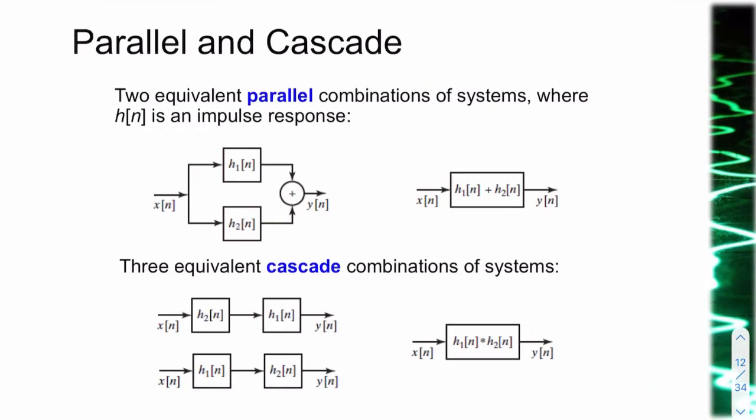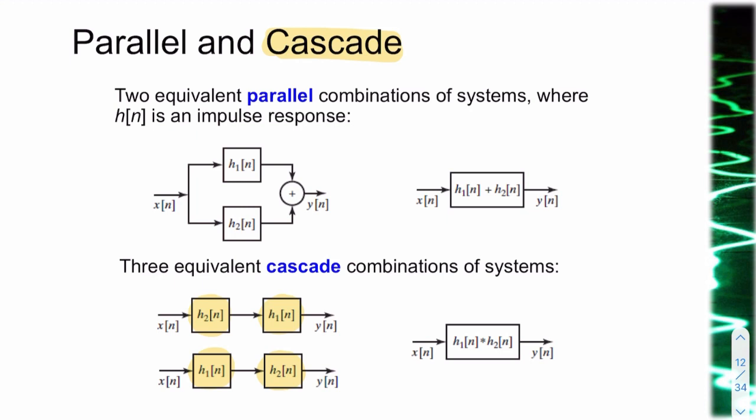So, remember, the week before last we introduced this idea of a cascade, where we have two systems where the output of one is the input into the other, and we said for a linear time invariant system it doesn't matter whether you have one before the other. Because the result is always the convolution of the two impulse responses.